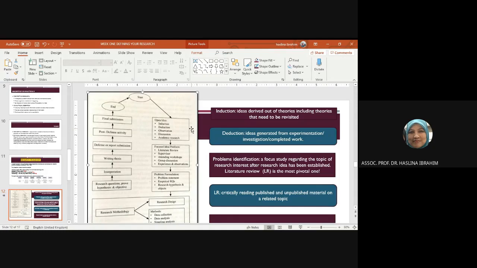But what is deductive approach? Deductive approach is, for example, like I said just now, the research done by my friend about the behavior of the people.